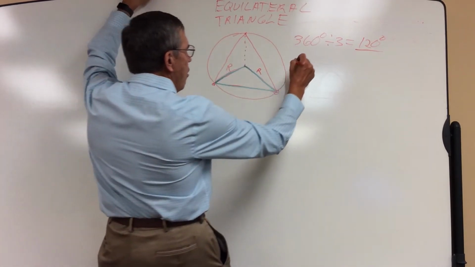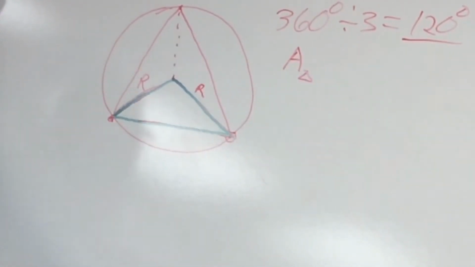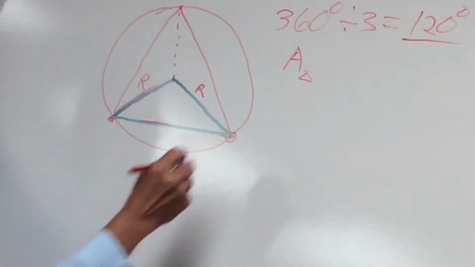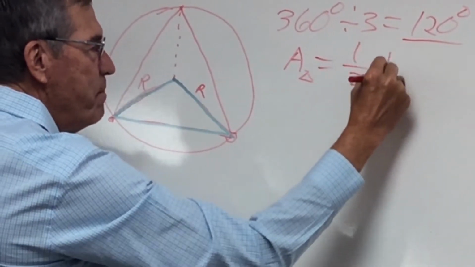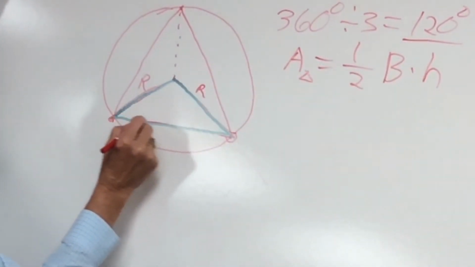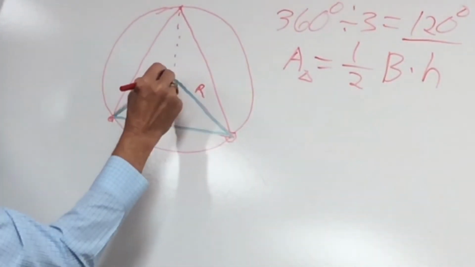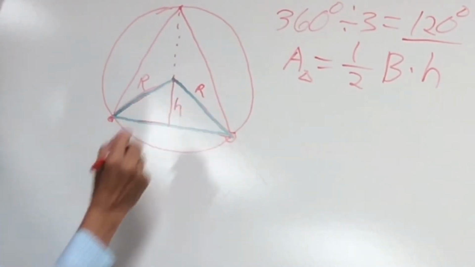All right, now how do we find the area of a triangle? Well, we may recall that the area of a triangle, A sub triangle, is equal to 1/2 the base times the height, where this would be the base and this would be the height.